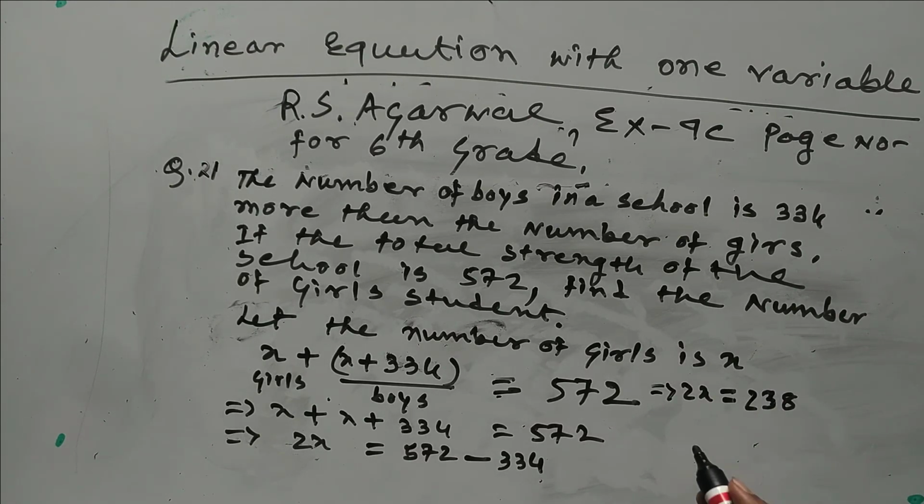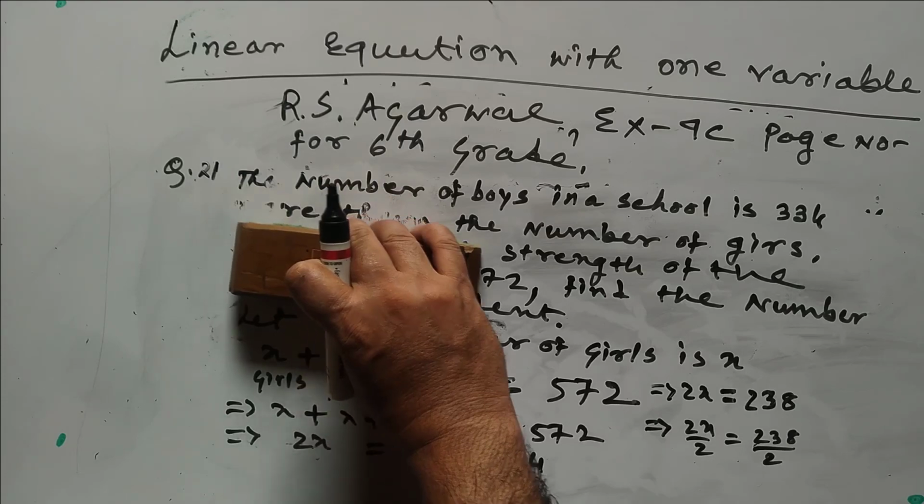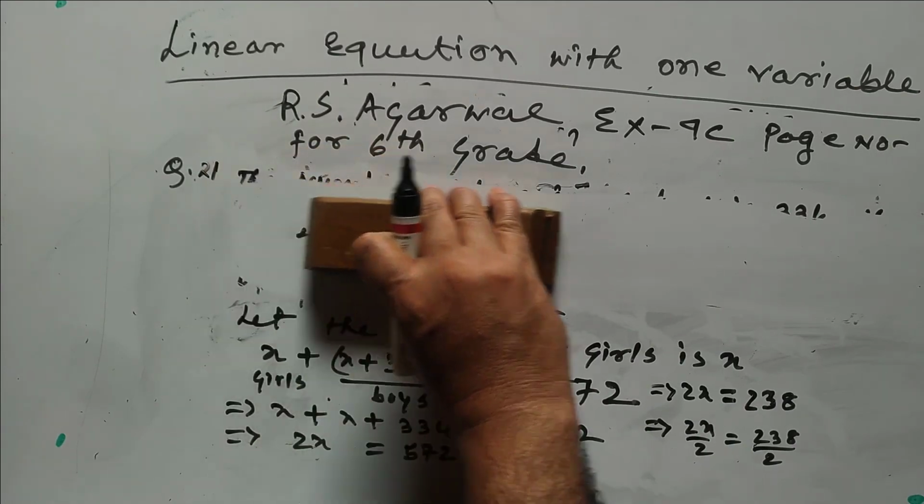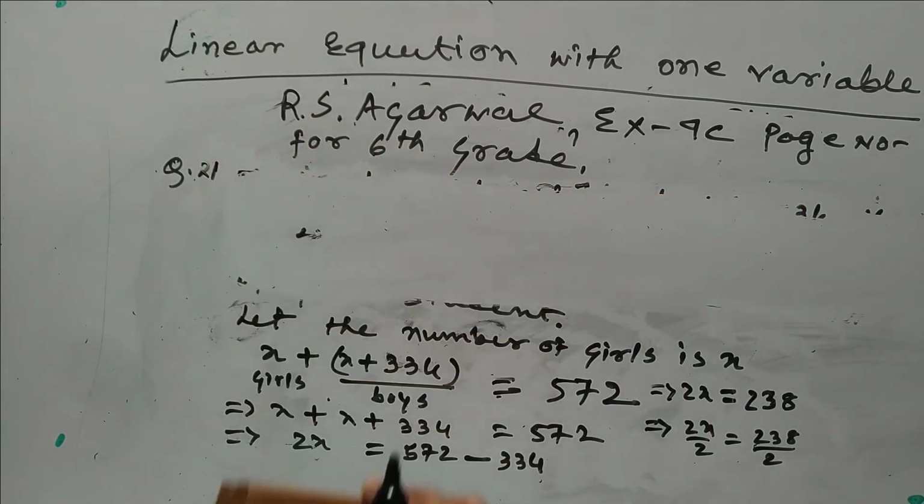Now I have to remove 2 from x, so I have to divide both sides by 2. So 2x by 2 equals 238 by 2. Then that is 119.